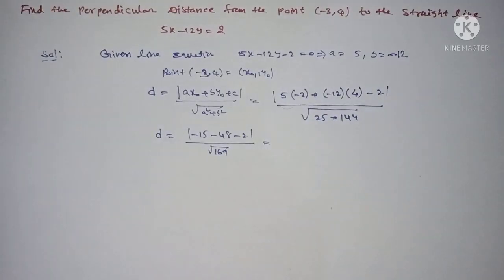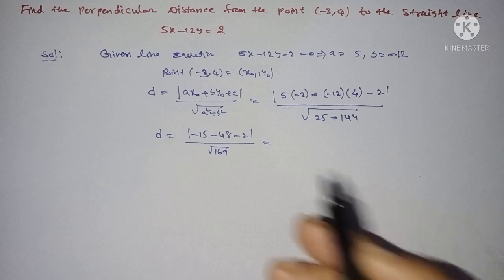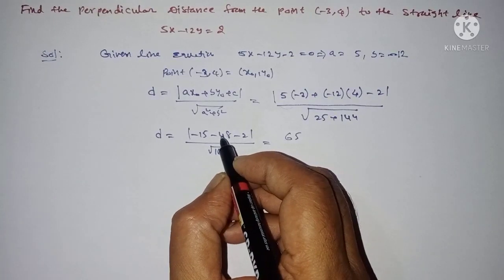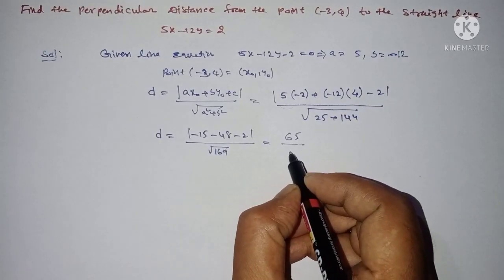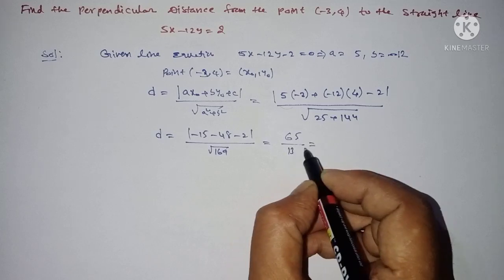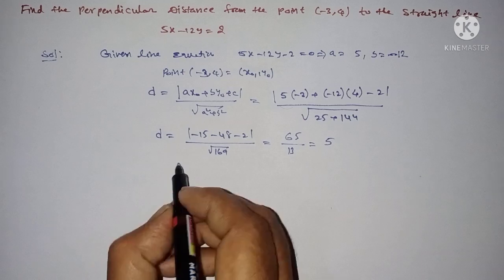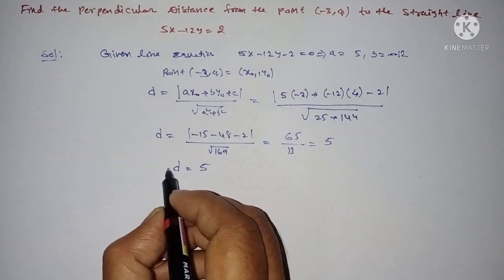Simplifying minus 15 minus 48 minus 2, you get minus 65, and the mod gives 65 by root 169, that is 13. Therefore, on cancellation and simplifying, you get 5. Therefore, d is equal to 5 only.